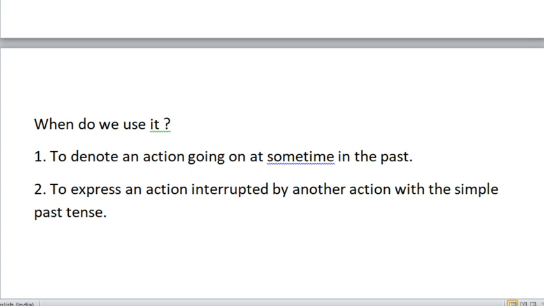Some time in the past means, for example, I was reading the novel, they were playing cards, they were playing football, they were fighting, they were calling us. So to denote an action going on at some time in the past. If you want to express ongoing actions in the past, we can use this tense.